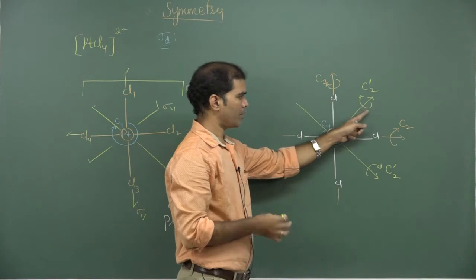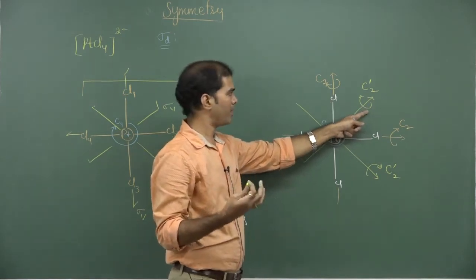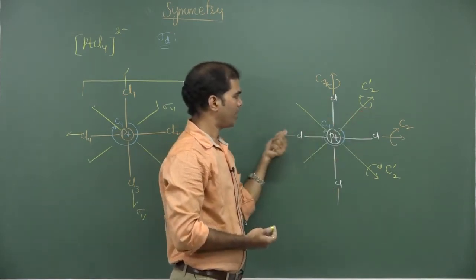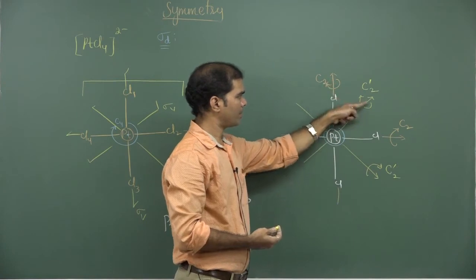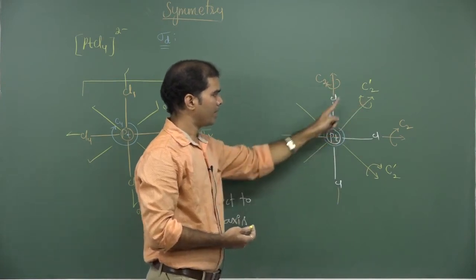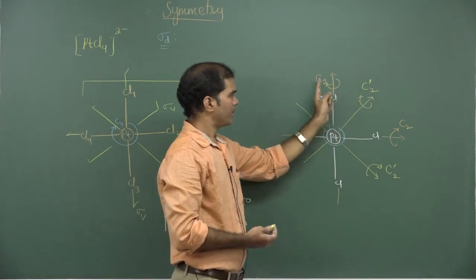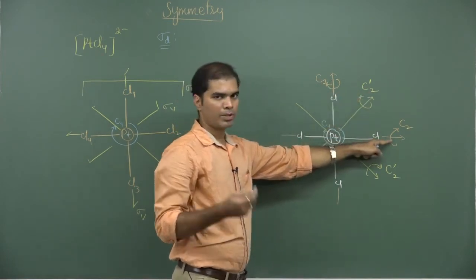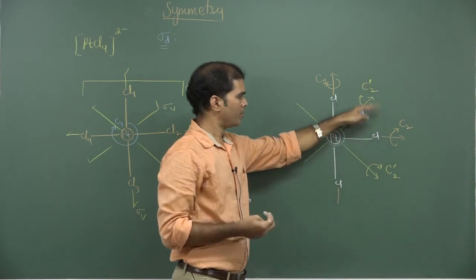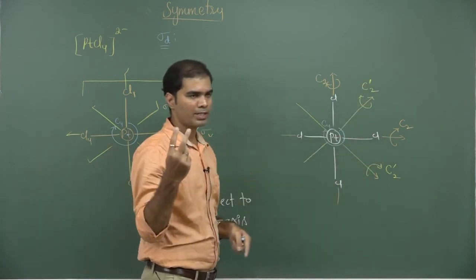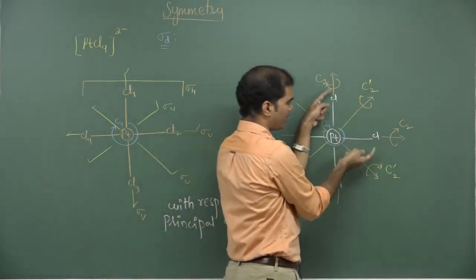Because between these two, if at all I have to assign any priority, this is passing from 3 atoms, so greater priority. This is passing only from 1 atom, lesser priority. C2, C2 prime. There are 2 C2s and 2 C2 primes. So there are 2 sets of C2s. This is one and this is another one.